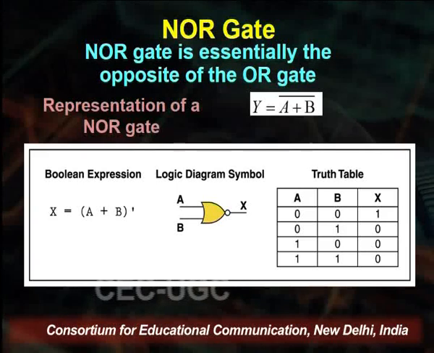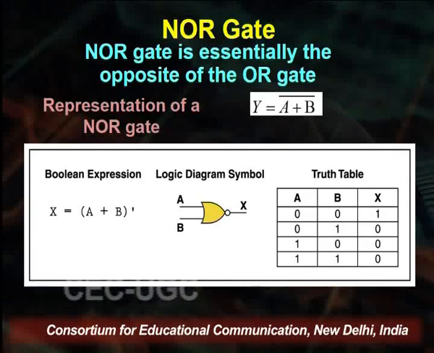NOR gate therefore is realized by affixing a NOT gate in front of the OR gate. Hence, essentially it gives a 0 output for all input combinations besides when all the inputs are 0.